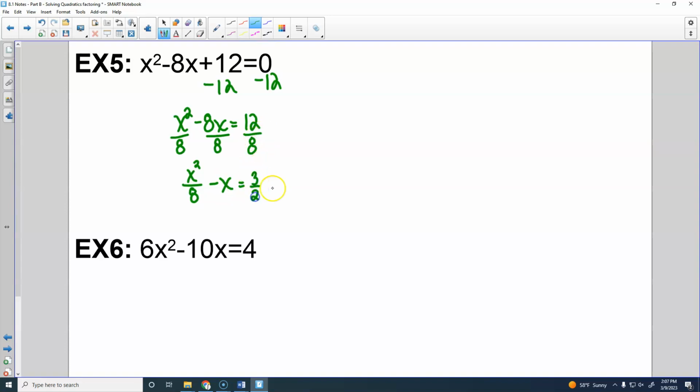Does that look better? Nah. If I square root everything, this is the square root of x squared over 8 minus x equals the square root of 3/2.